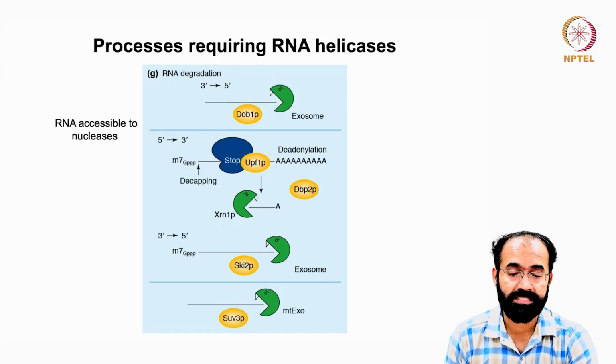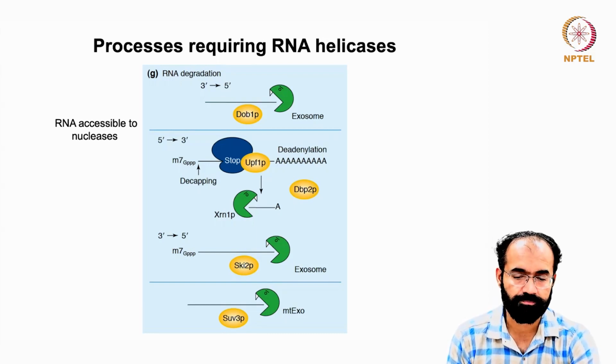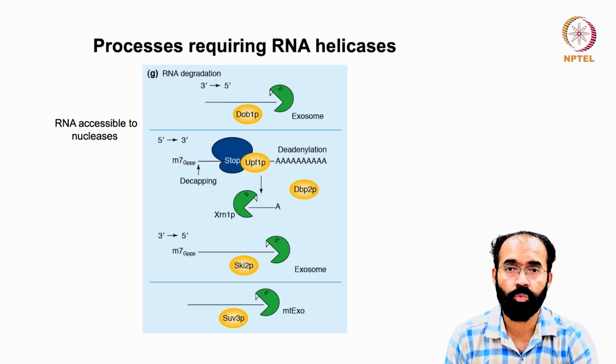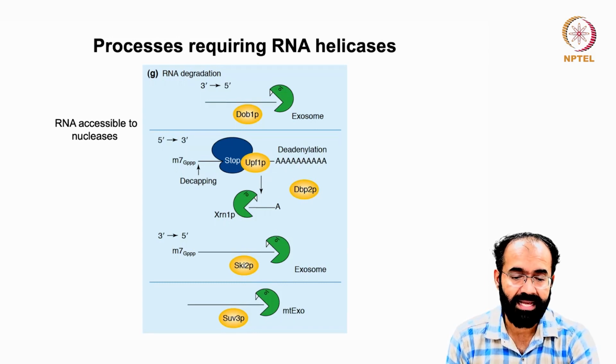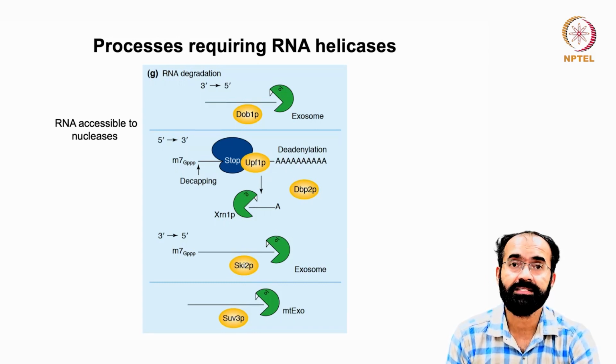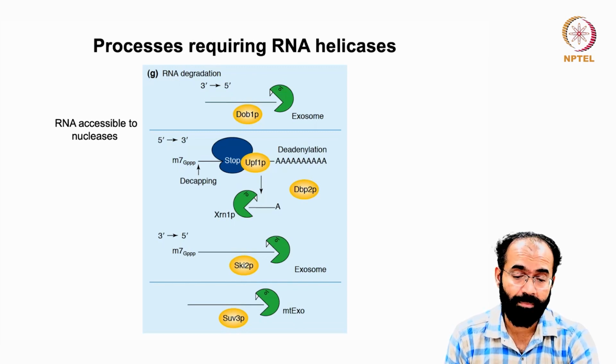And of course, just like the decapping, deadenylation is another step that has to happen, which is governed by DBP2P, another helicase. And there is another enzyme, just like the exosome which starts from the 3' end, there is another exonuclease which works from the 5' end, that is XRN1P, and this mainly functions if the decapping has taken place effectively.